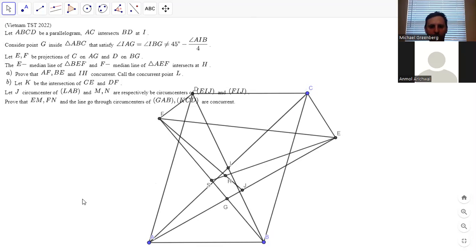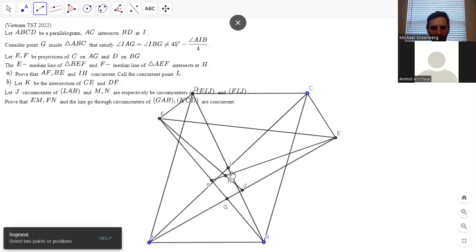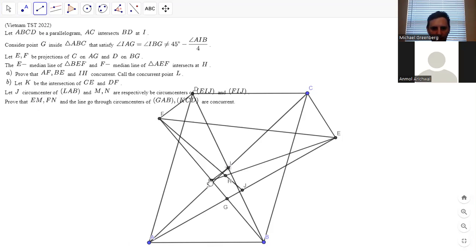So J is the midpoint of AE, S is the midpoint of BF. So basically IS is parallel to DE. And IJ is parallel to CE. So yeah, these two triangles, IJA and ISB, are similar. Is ABEF cyclic?